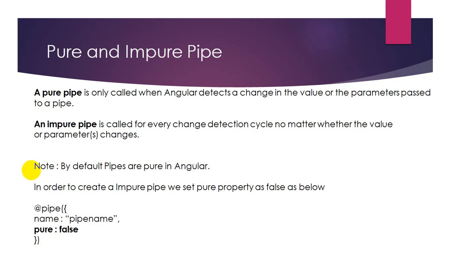We need to remember that if we don't provide any option while creating a pipe, then by default your pipe will be a pure pipe. The third thing you need to remember is the syntax, how you create a pure and an impure pipe. In order to create a pure or impure pipe, you need to provide the pure property. If you don't provide this pure property, then by default Angular will treat this as true. It means that will be a pure pipe. But if you want to create an impure pipe, you will provide this pure property and you will pass the false value.